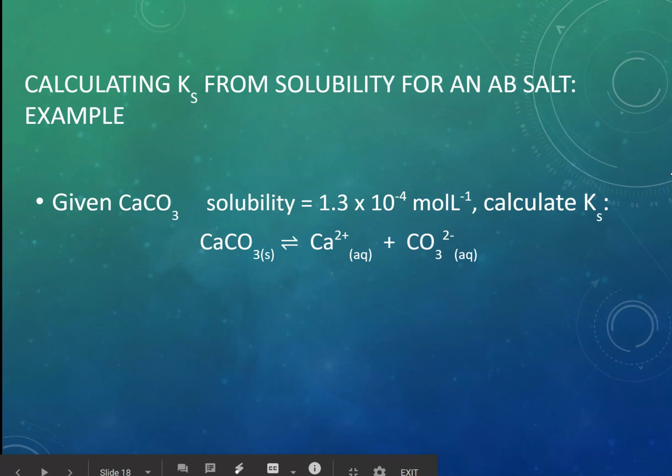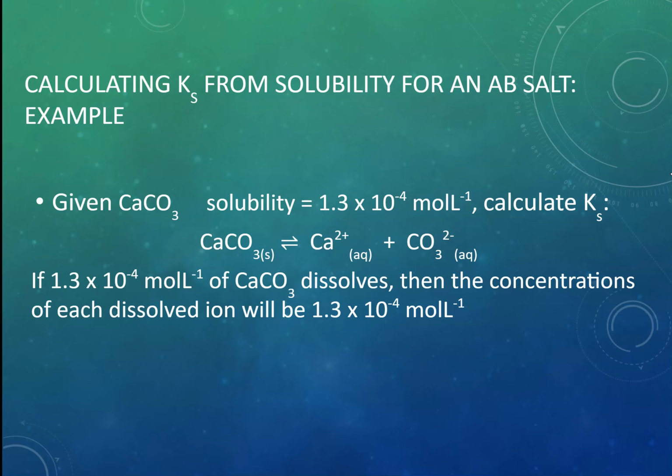We know that calcium carbonate dissolves to form calcium ions and carbonate ions. And if we have 1.3 times 10 to the minus 4 moles per litre of calcium carbonate dissolving, then that's going to give us 1.3 times 10 to the minus 4 moles of calcium ions and 1.3 times 10 to the minus 4 moles of carbonate ions.